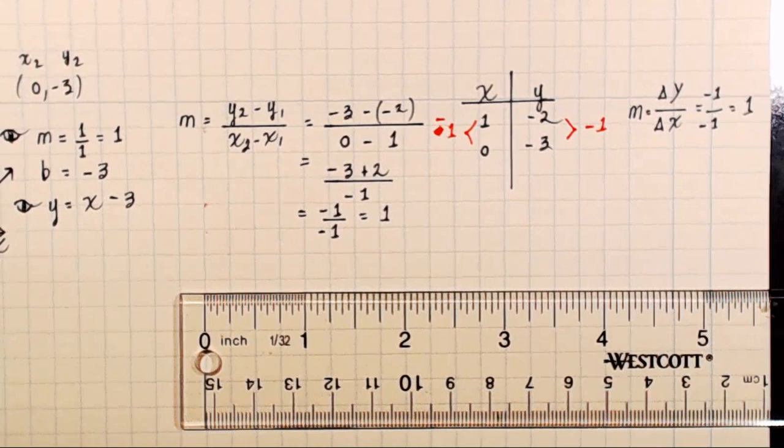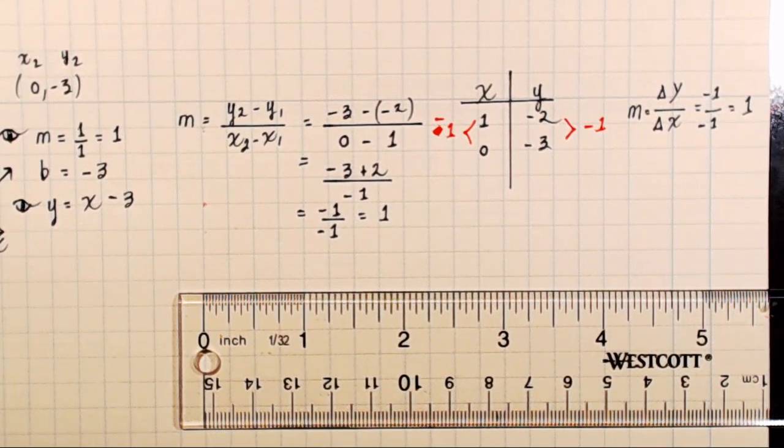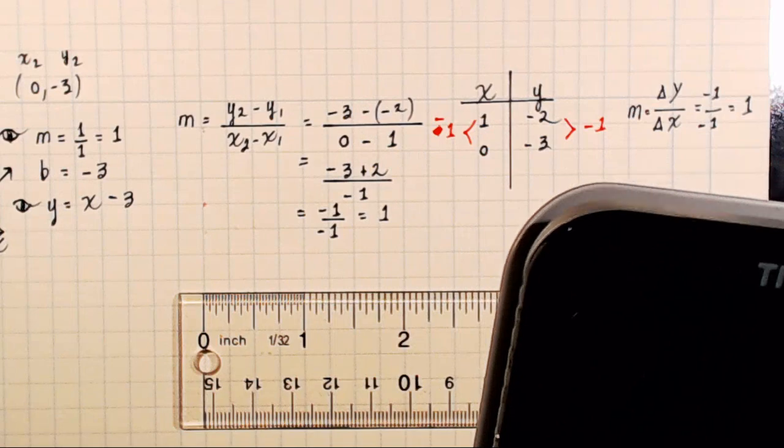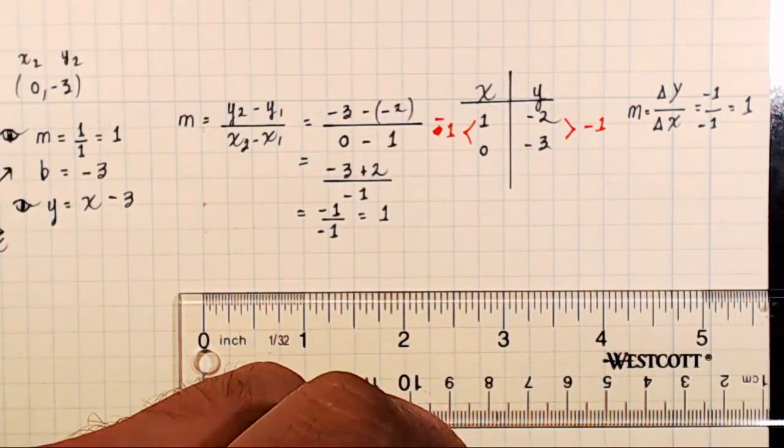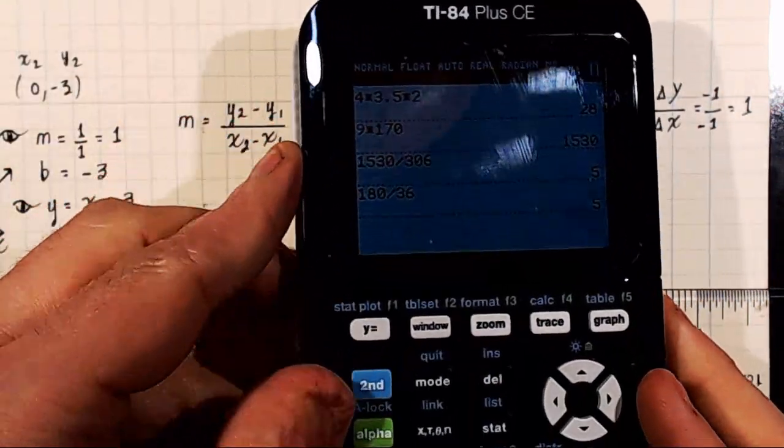Finally, just so you can see it, some people are just more comfortable with the calculator. So I want to give you 3 different ways to find the same information. So my calculator here.